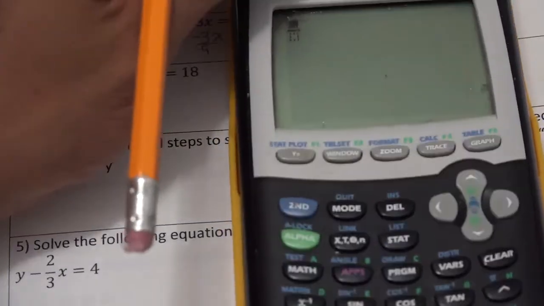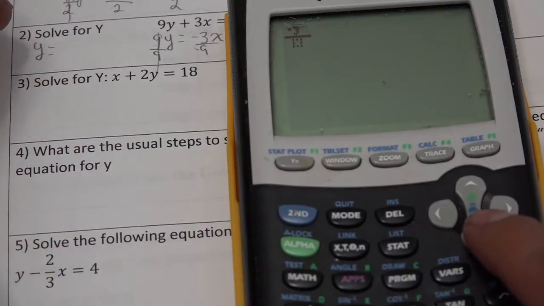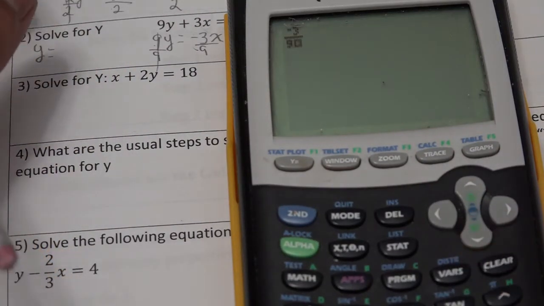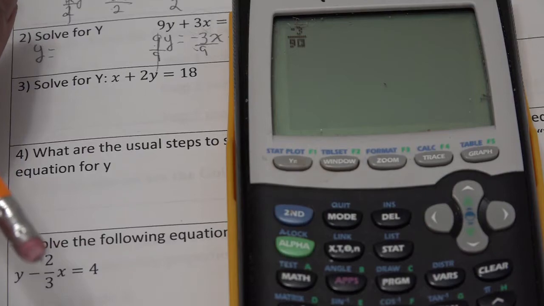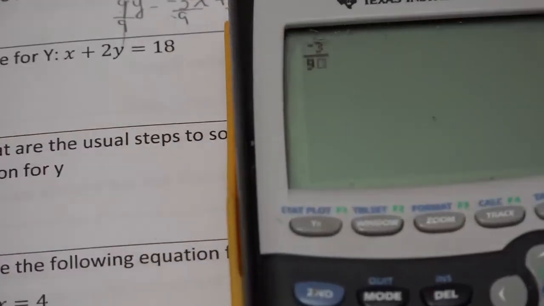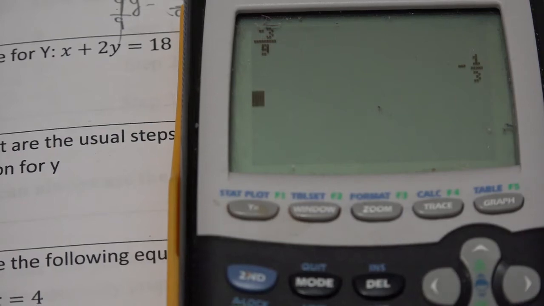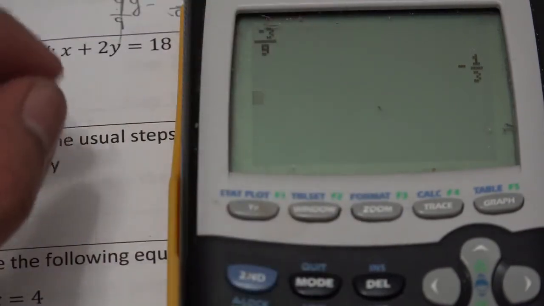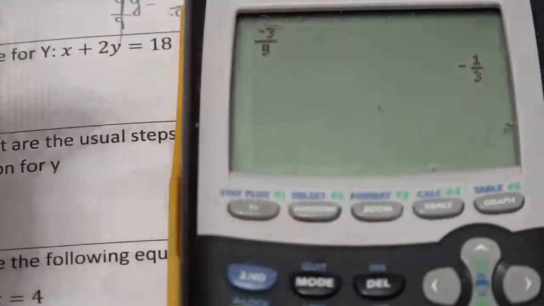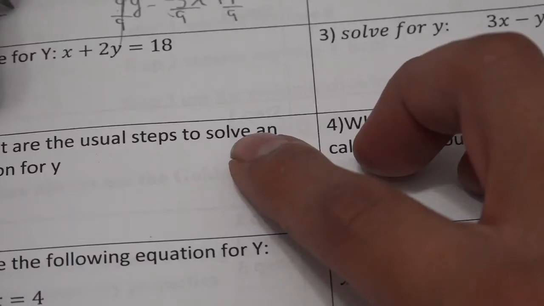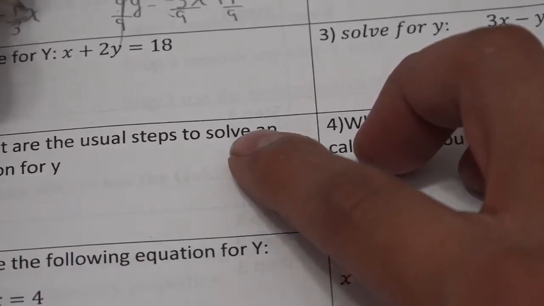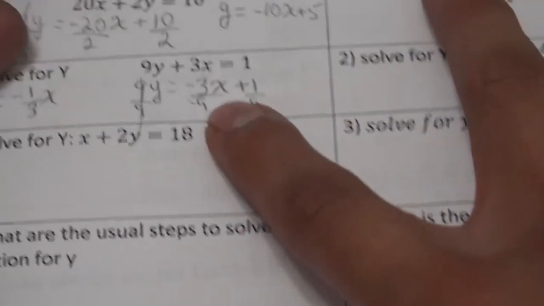So negative 3 go down over 9. Now look at what the calculator is going to do for you. I didn't teach you this earlier, right? Click enter. Yes, the calculator will actually simplify it for you. So negative 3 over 9 is the same thing as 1 over 3. So then I got y equals negative 1 over 3x. Okay, that's right. That's right here.